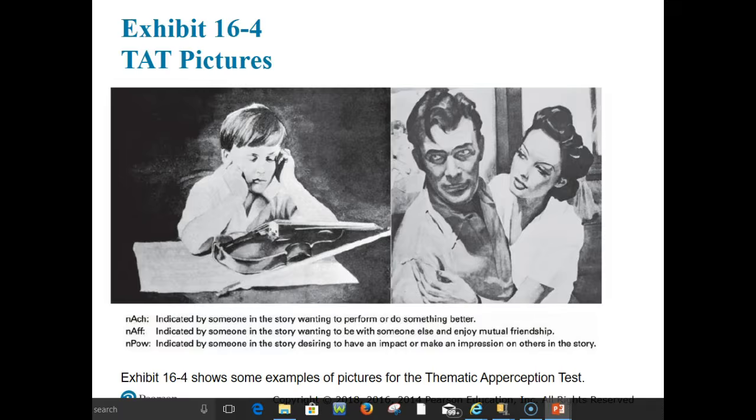Again, the NAFF is indicated by someone in the story wanting to be with someone else and enjoy mutual friendship. And the lowercase n, capital POW, is indicated by someone in the story desiring to have an impact or make an impression on others in the story.